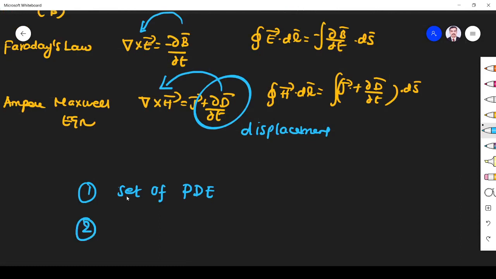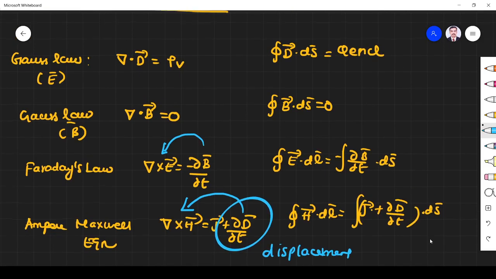Second one, you see it relates source and the type of the field. As I told already, everything I have explained in individual theorems. Anyway, just for example, charge creates diverging electric field.